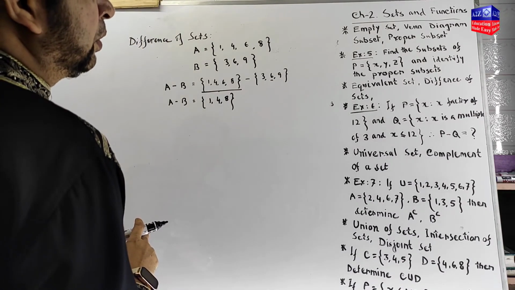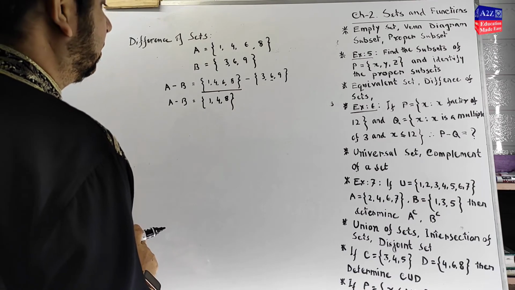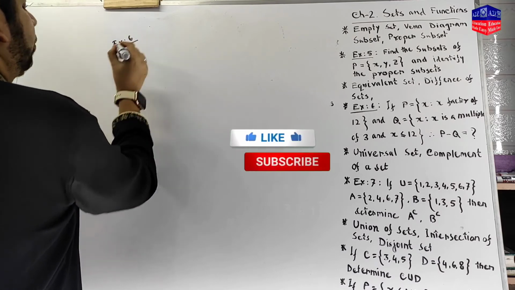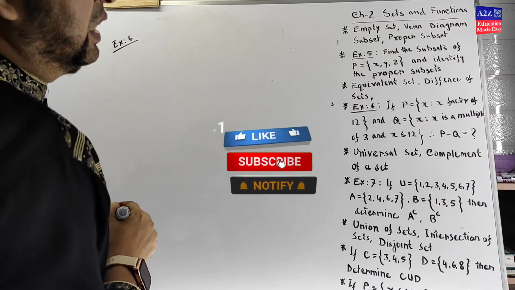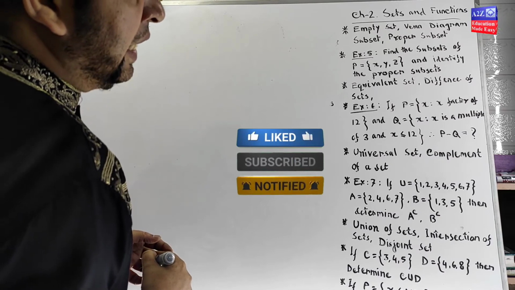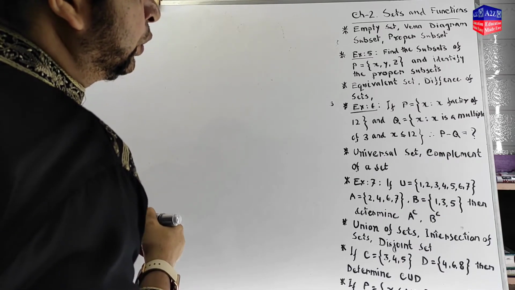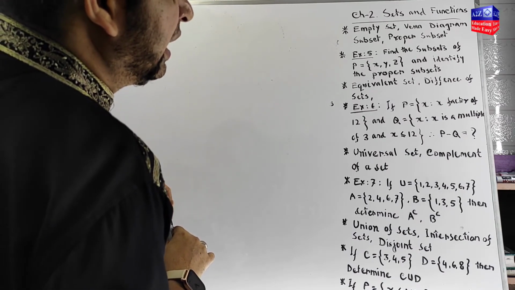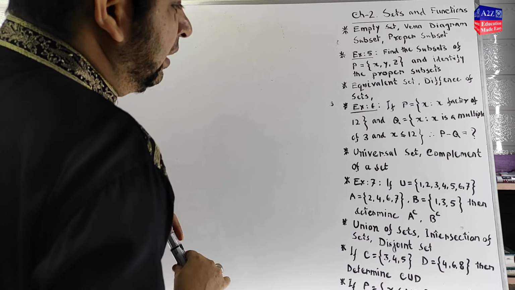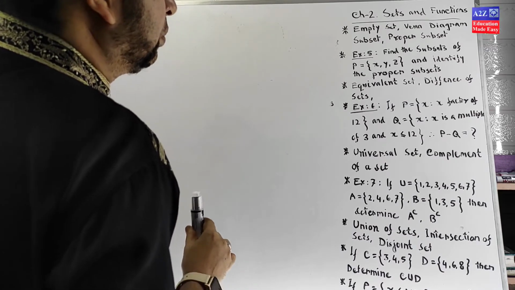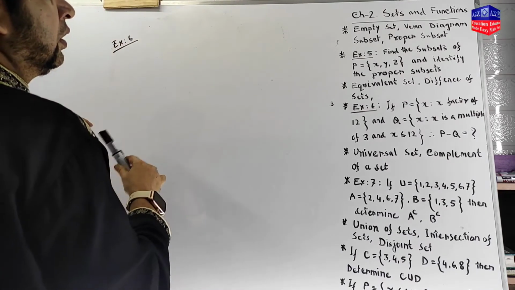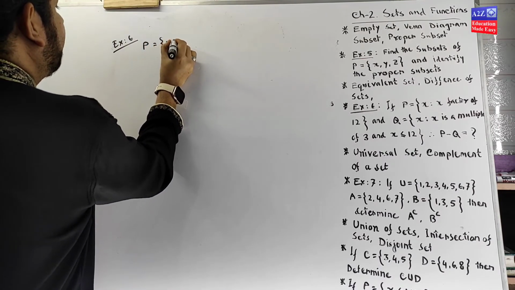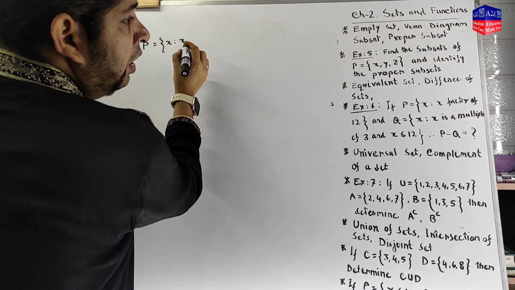Now I would like to solve example number 6. If P is a set of elements X such that X is a factor of 12, and Q is a set of elements X such that X is a multiple of 3 and X is less than 12, then find P difference Q. It's given that P is a set of elements X such that X is a factor of 12.